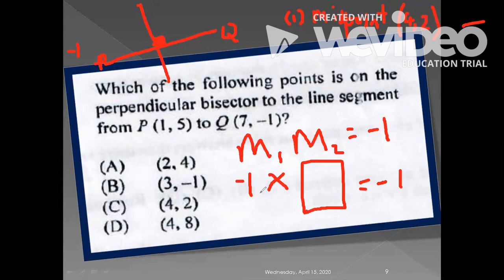But -1, which is M1, multiplied by a number will give you -1, and that number turns out to be 1, because -1 times 1 will give you -1.